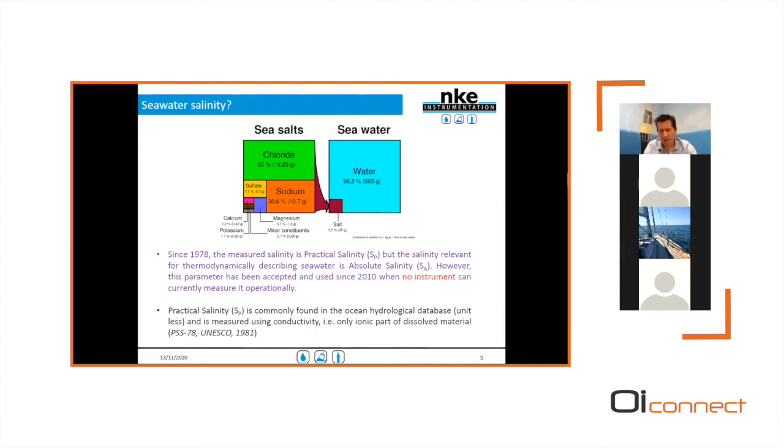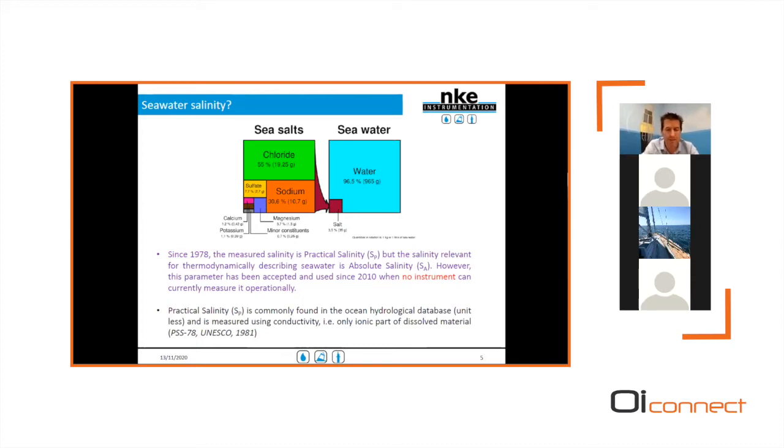Now, how is salinity defined? Of course, if you take a volume of seawater, you have 96.5% of water, and salt represents 3.5% of this volume. The sea salt is composed of chloride, sulfate, sodium, magnesium, calcium, and potassium, and minor constituents represent 0.7%.